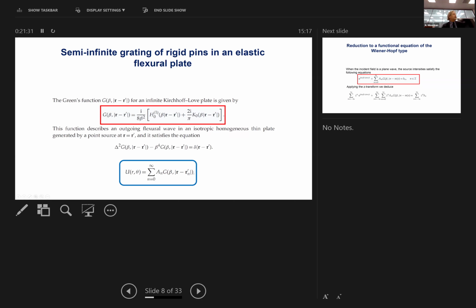And this one is exponentially localized. Okay. So then what I can do is to look at my scattered field in that form, which is the input from every scatterer, which I model as a source. And these intensities are unknown.